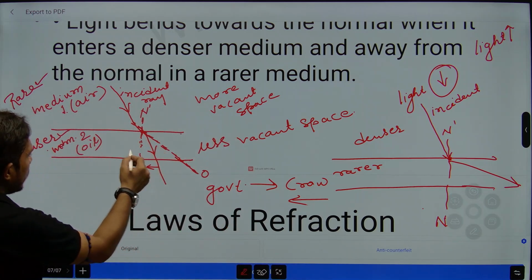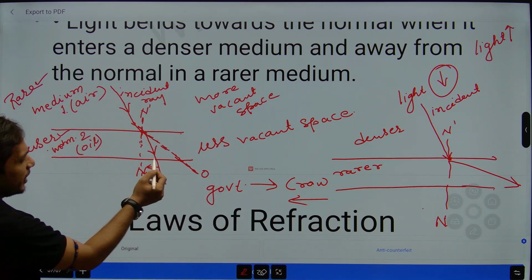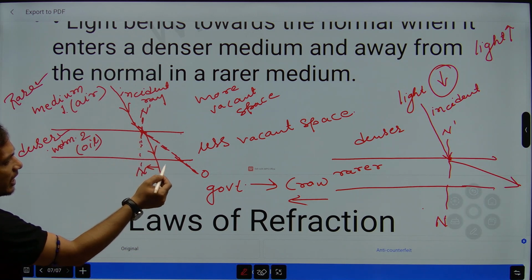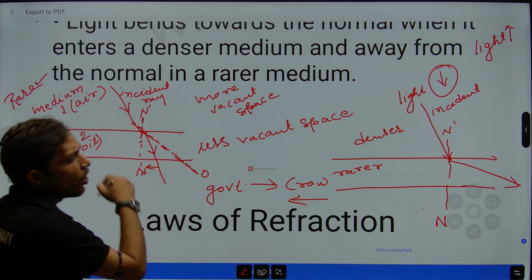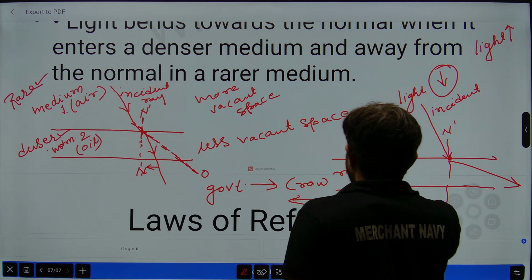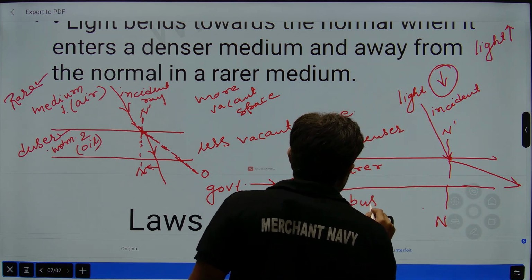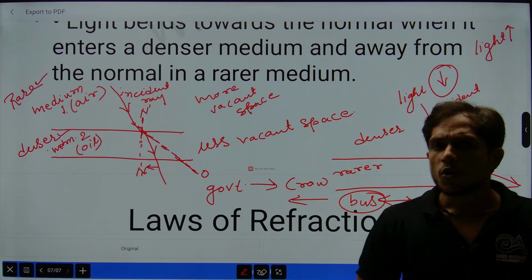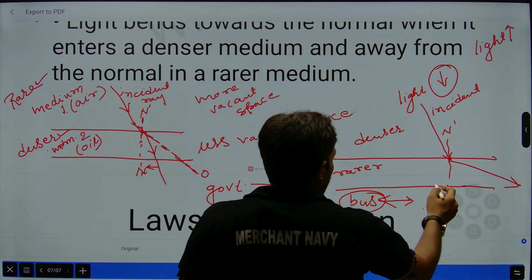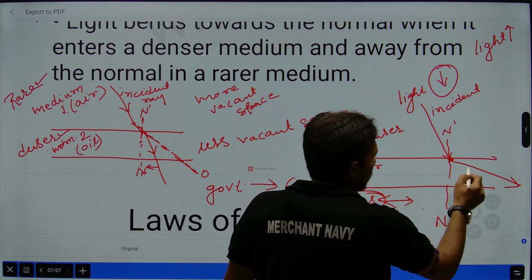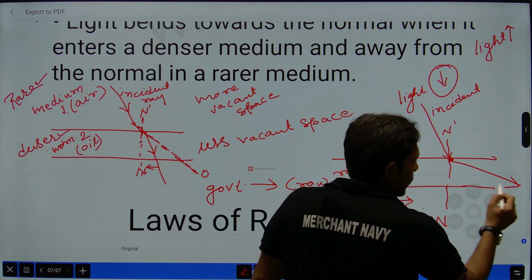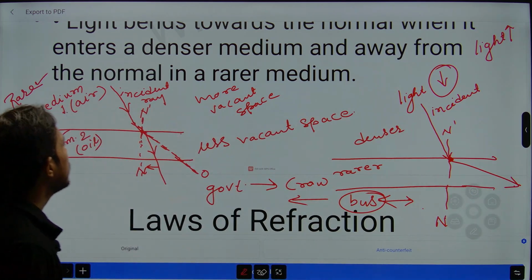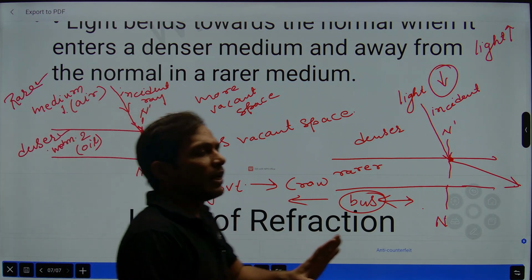So, here when we enter the denser medium, this incident ray is trying to stick with the normal. And when there is a vacant bus, one will move away from another. That means here this incident ray is moving away from the normal. That is clear?